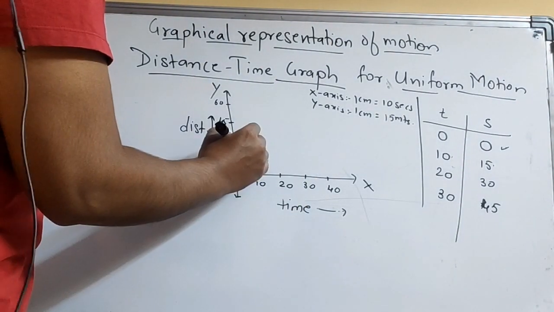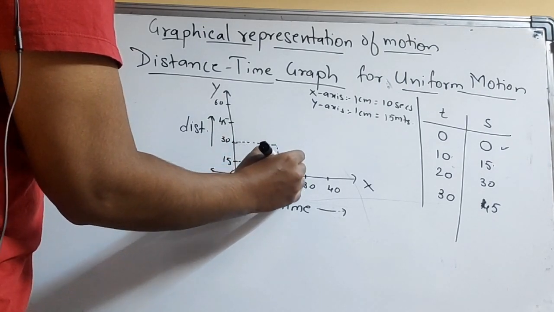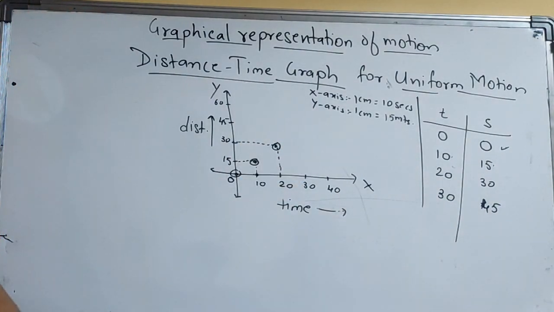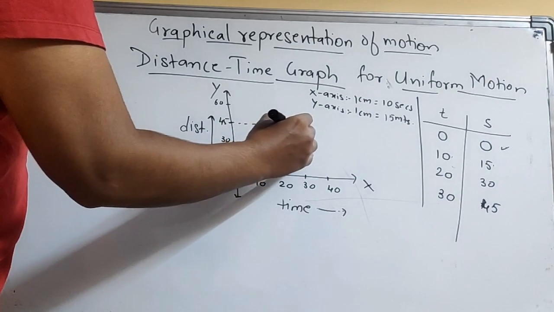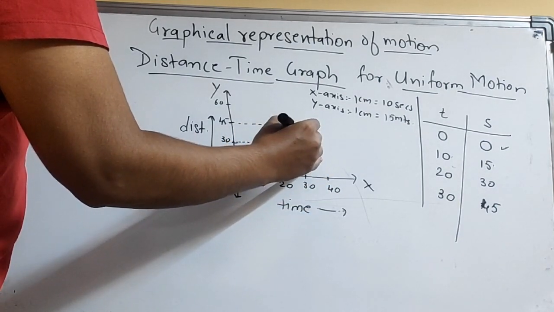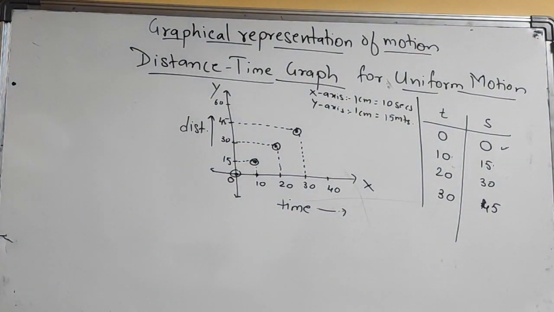At 20 seconds, the distance covered is 30 meters. At 30 seconds, the distance covered is 45 meters. Now students, if you join these points, see what you get.